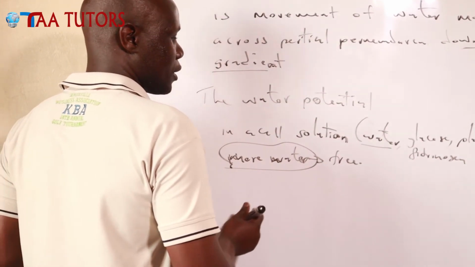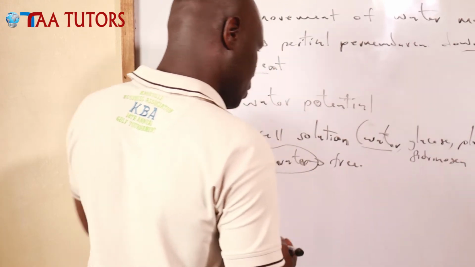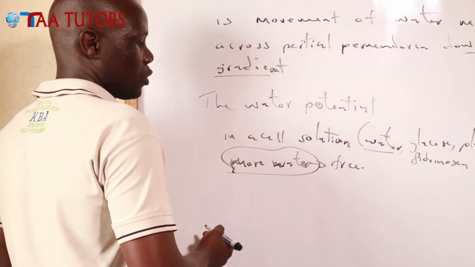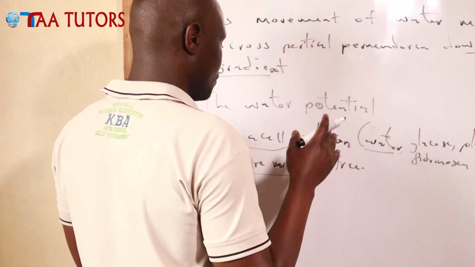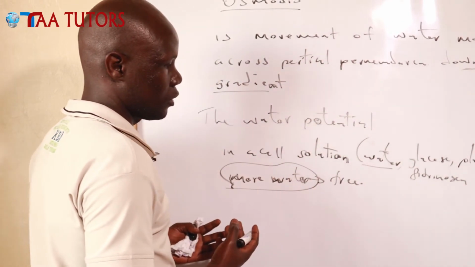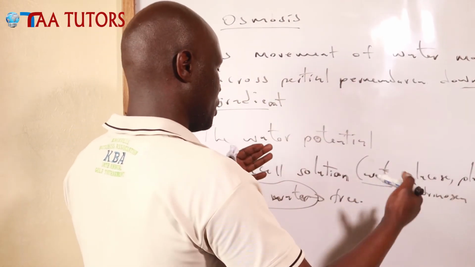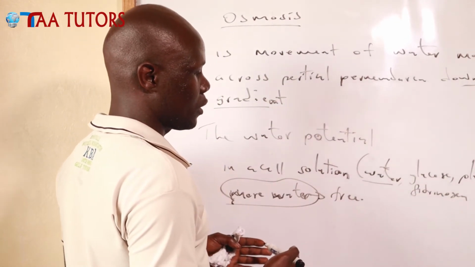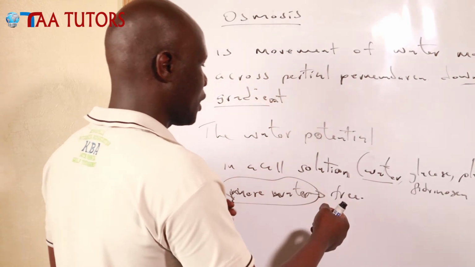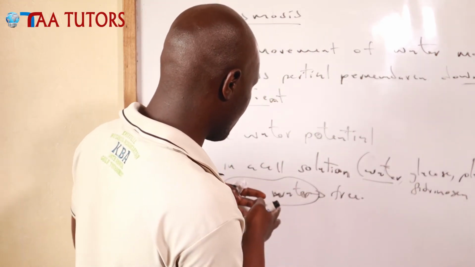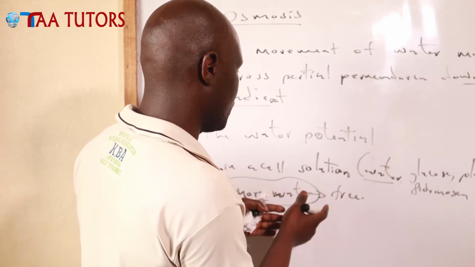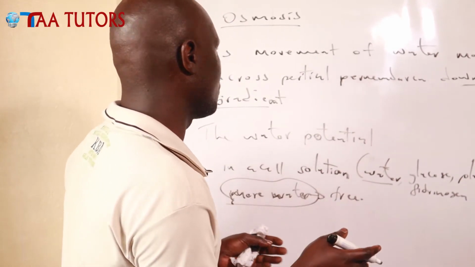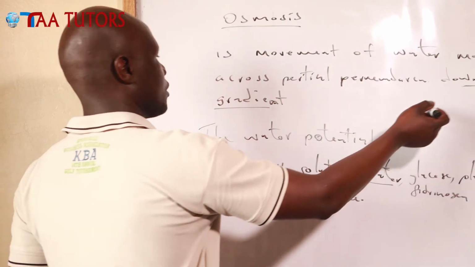So that means that they can move. So when they are moving to an area where the water molecules are not free, at that point we are seeing two solutions existing. When there are two solutions and there is a difference in the numbers of free water molecules, then a gradient is created. So that gradient is what we are calling the potential gradient.